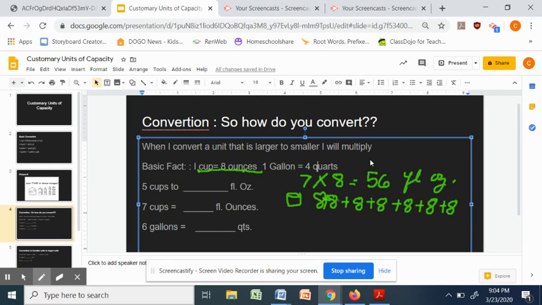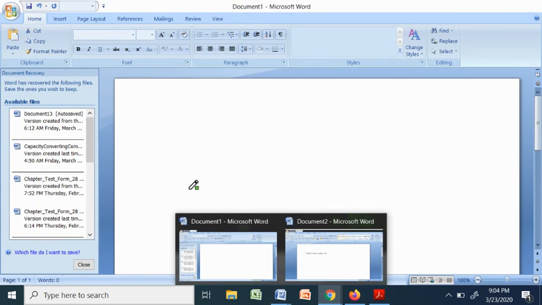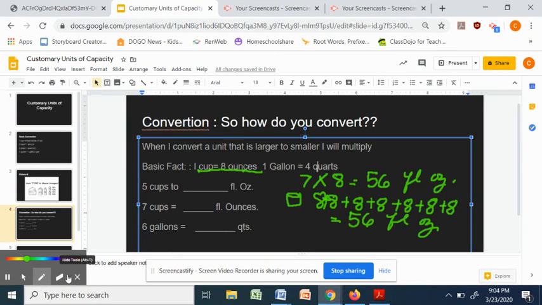So I have 7: 1, 2, 3, 4, 5, 6, 7. So 7 cups, with 8 ounces each, is 56 fluid ounces.